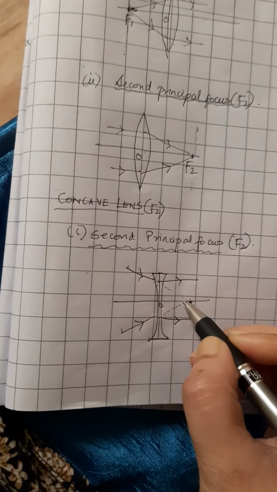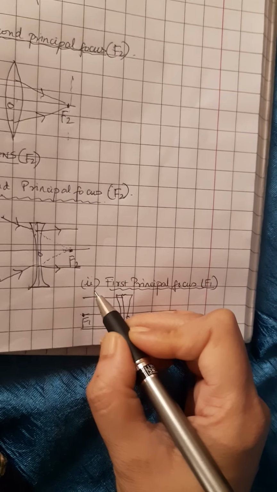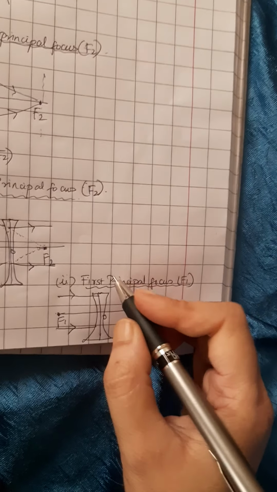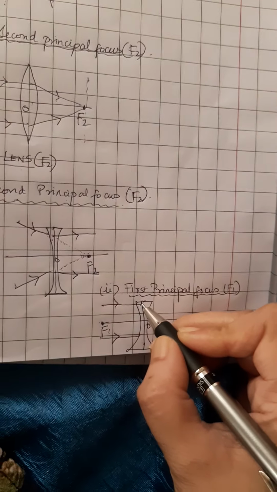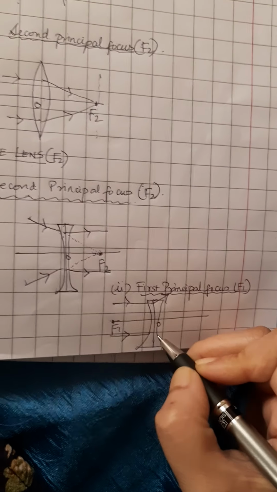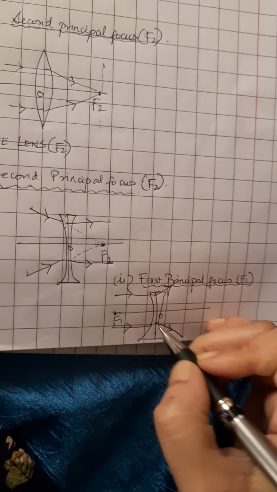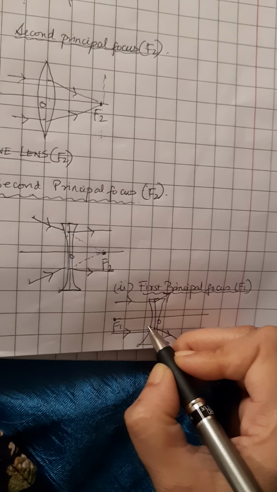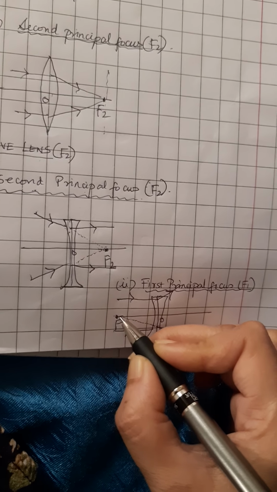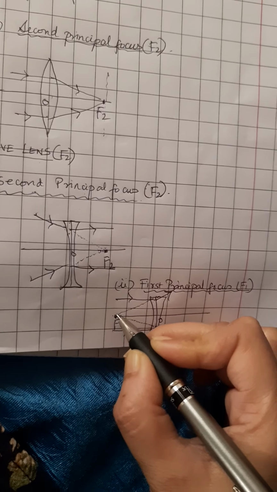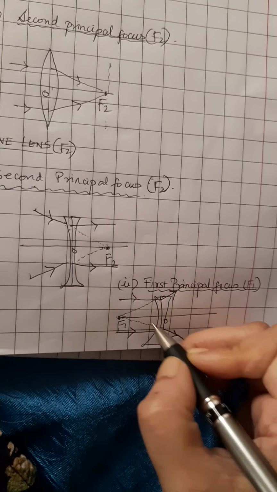Now, the first principal focus, F1, is a point on the principal axis where the rays, traveling parallel to the principal axis, suffer refraction. This is how they are suffering refraction. They move away, and if we produce them backwards, they meet here. I'll show it from the textbook, it's better.